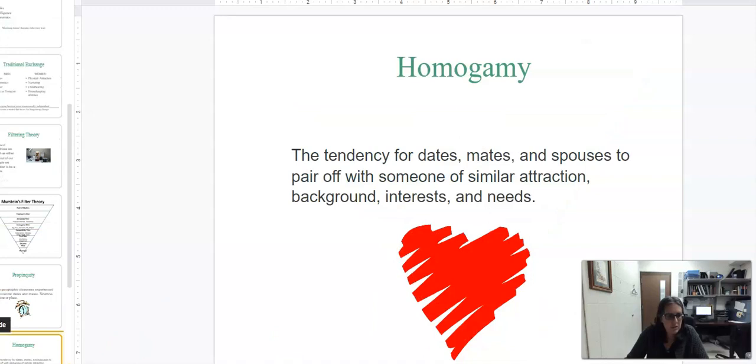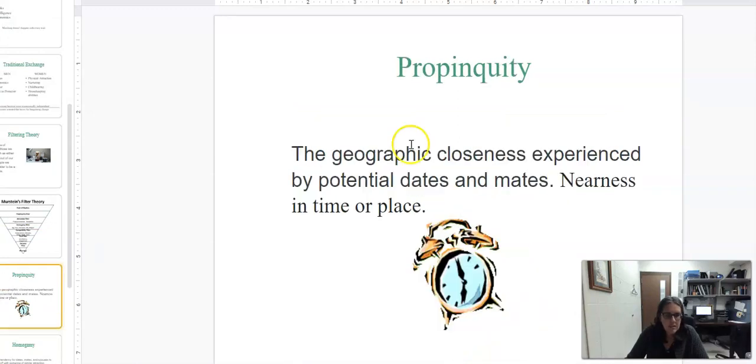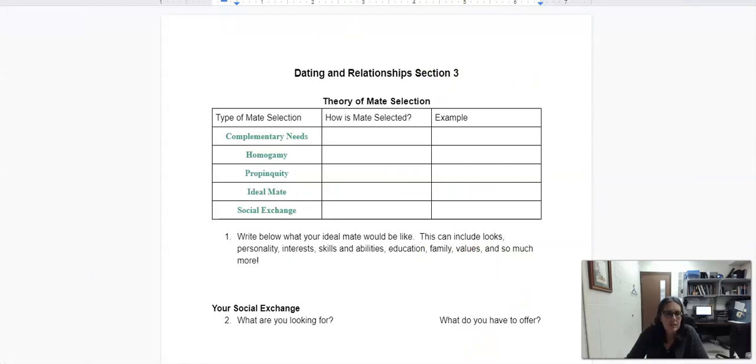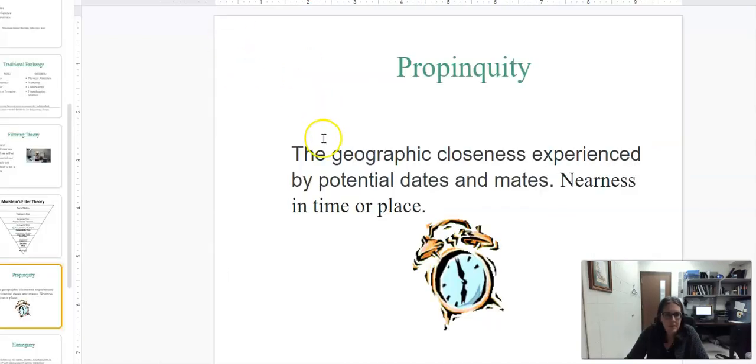Okay, so now we're going to look at what each of these mean, and this is when you will start putting in your information when we look at these. Proximity is in the middle one, so it doesn't go quite in order. Sorry about that. So proximity is a geographical closeness experienced by potential dates and mates. So they have to be near in time and place.